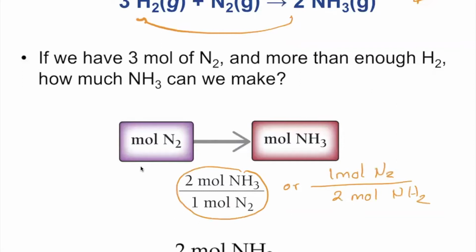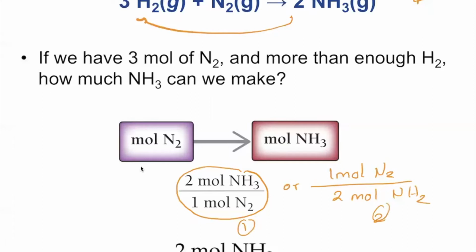Always start with what it's giving. In this case, you're given nitrogen. Now, you have 2 options, number 1 or number 2. Which one are you going to use? Well, since you want to cancel nitrogen, remember the only thing that you should cancel is nitrogen, and the only chemical that should not be canceled is ammonia, because that's what it's asking.